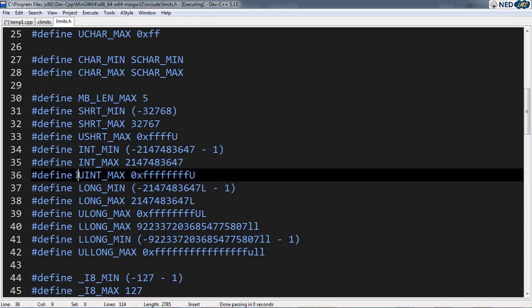We have unsigned integer maximum, and it has 1 2 3 4 5 6 7 8 F's, and u means unsigned over here.